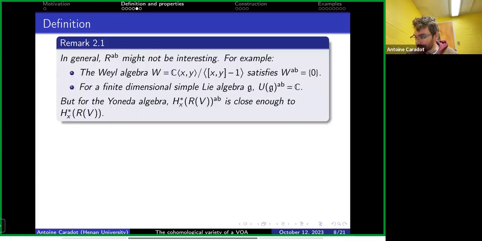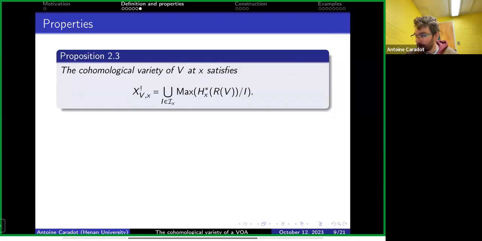So the cohomological variety will be exactly the union of the maximal spectrum of all those commutative quotients. You might have overlaps in this union, but you know that any point in your cohomological variety will be in at least one of those commutative quotients.